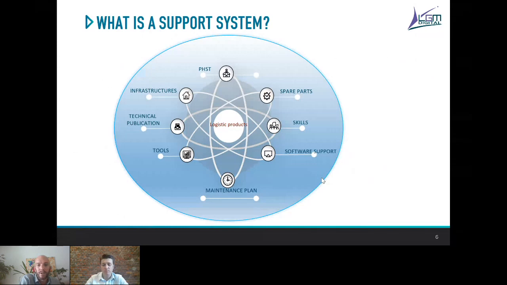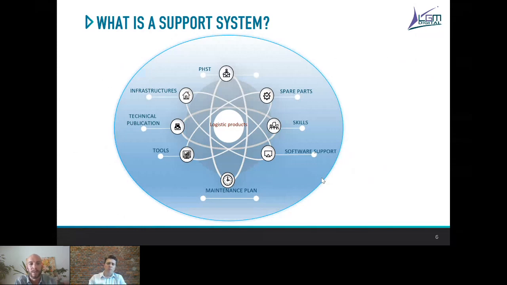After, you have the software support. Software support can be the support of software, but also the software that can support your system, like CMMS, or computerized maintenance management system. After, you have the maintenance plan. The maintenance plan is part of the LSA process, logistic support analysis process, sorry.